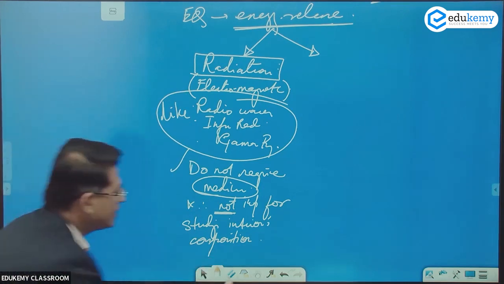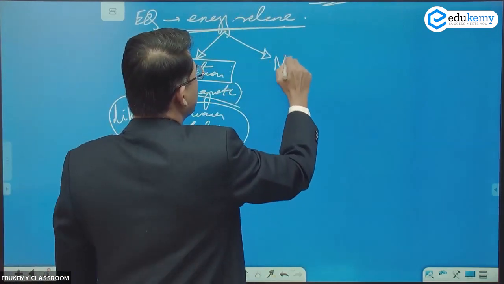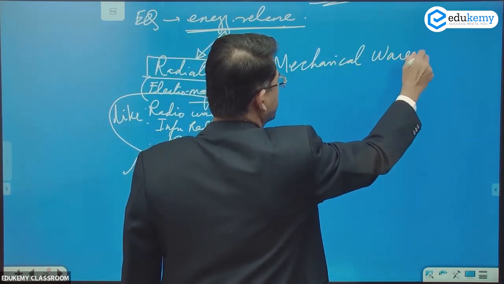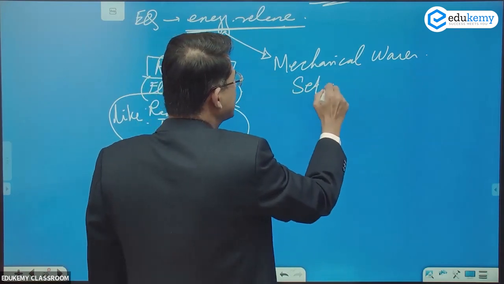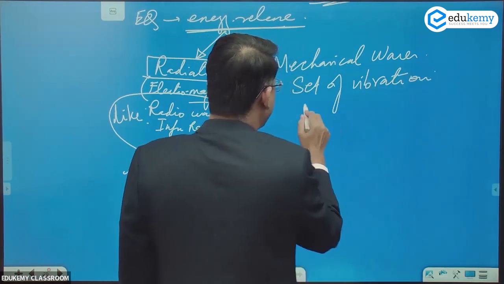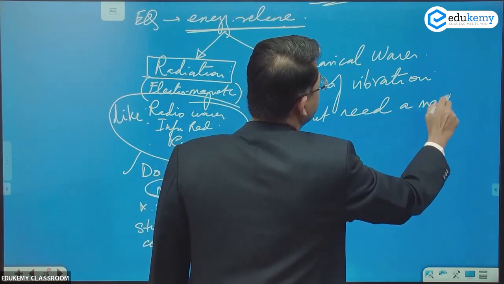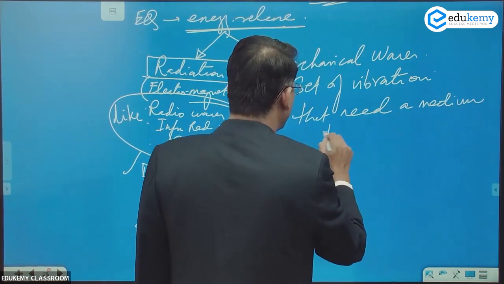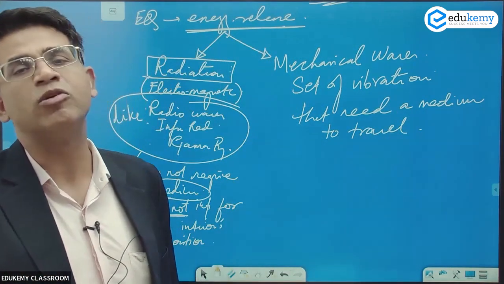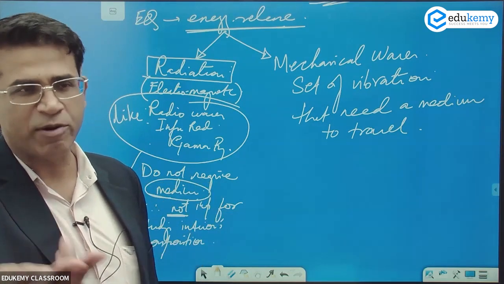Okay. The second type of energy release is the mechanical waves. These are a set of vibrations that need a medium to travel. They can travel through solids, liquids, and gases. We'll talk about that, Kashish, just give me two more minutes.